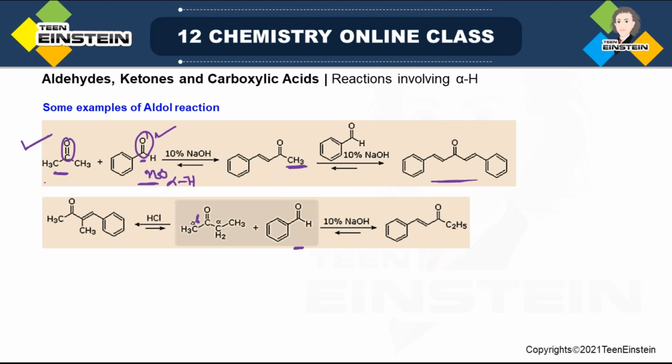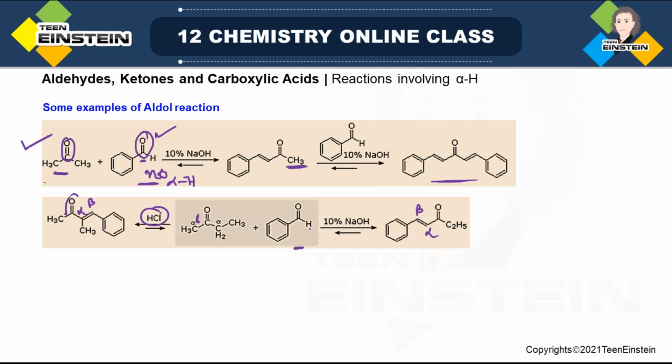Now the interesting thing is, when you are treating this molecule in acidic condition, you are getting one type of product. Now this is also an alpha beta unsaturated carbonyl. But if you are treating with 10% NaOH, again you are getting an alpha beta unsaturated carbonyl, right?